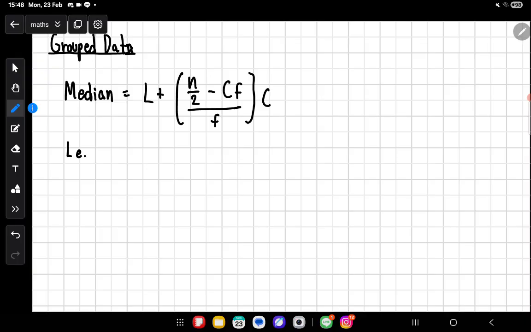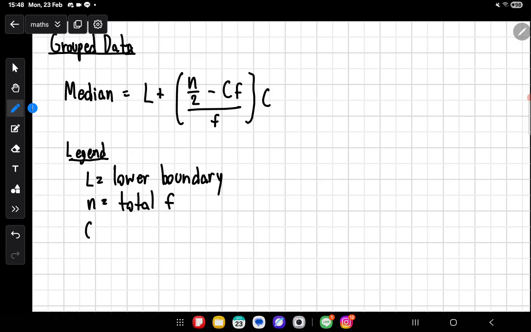Now, let's denote each one. First, L is the lower boundary. We'll get more into that later when we do example number 1 for this one.